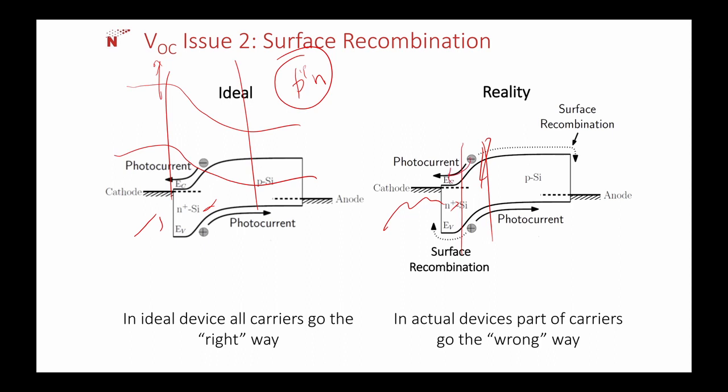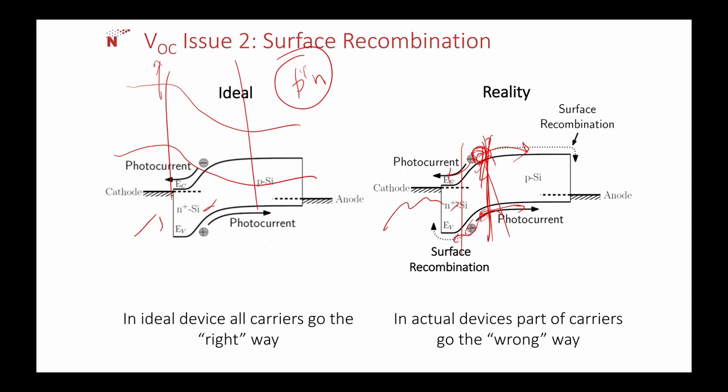Electrons go this way, holes go this way. But in reality it doesn't happen. If the electrons are generated at the edge of the depletion region towards the P side, there is a very high probability of these electrons going in this direction, and the holes can also go in this direction.